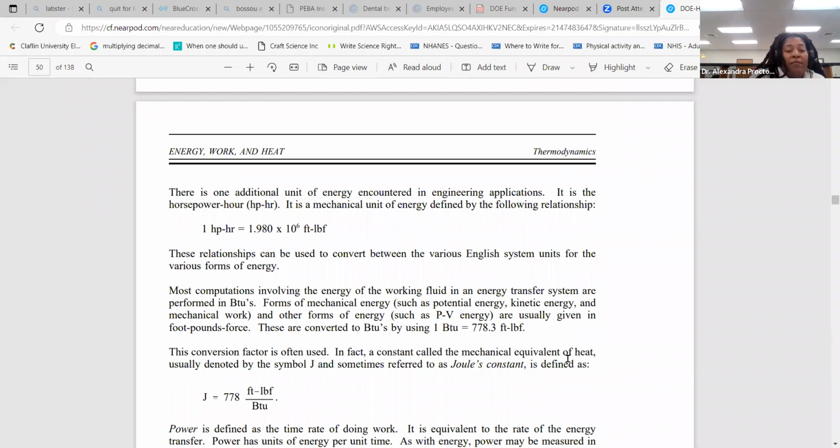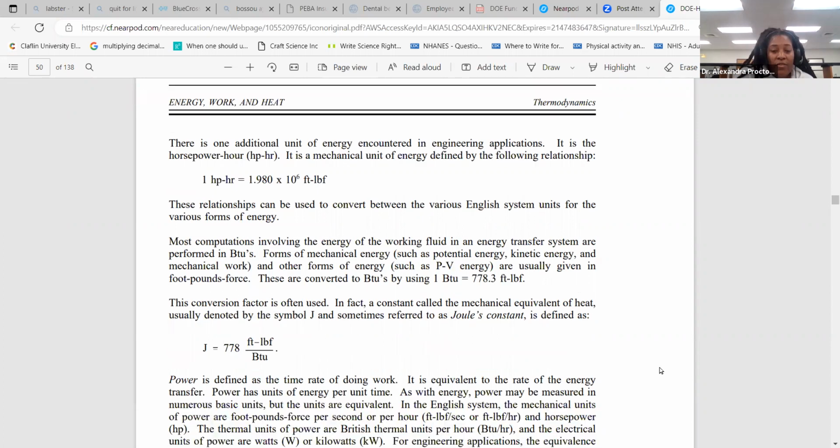They're showing you a conversion factor for BTU: 1 BTU is 778.3 foot-pounds force, so this conversion factor is often used. In fact, the constant called the mechanical equivalent of heat is denoted by a capital J, and J is Joule's constant.